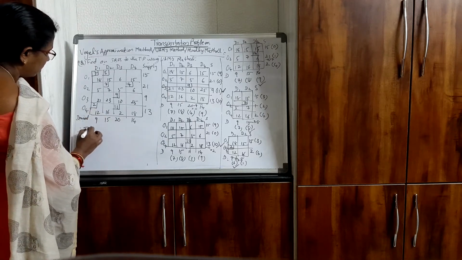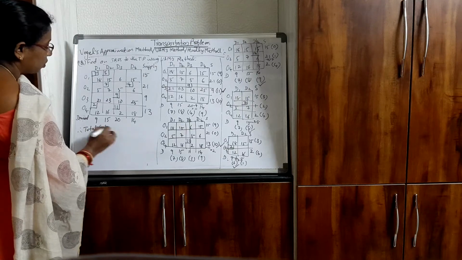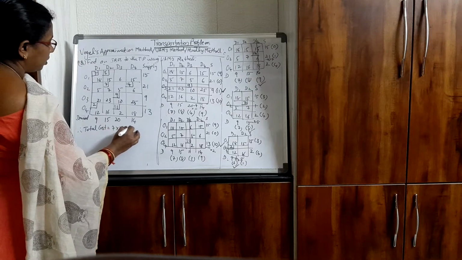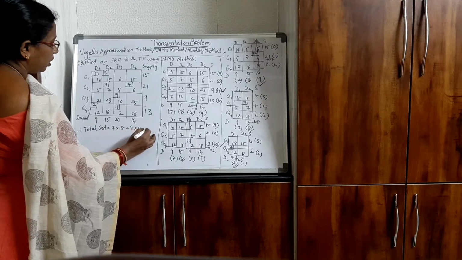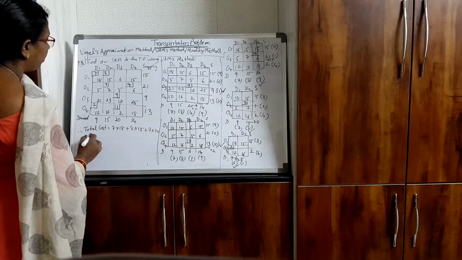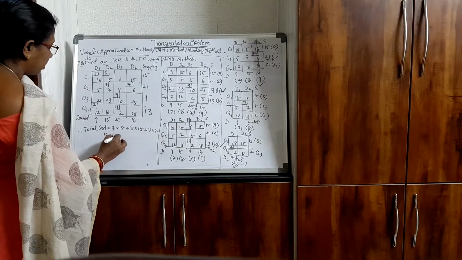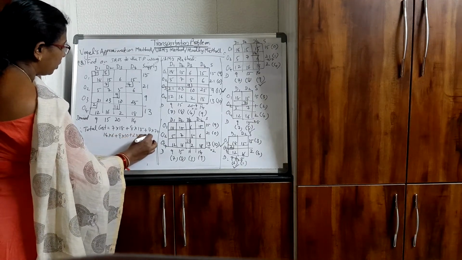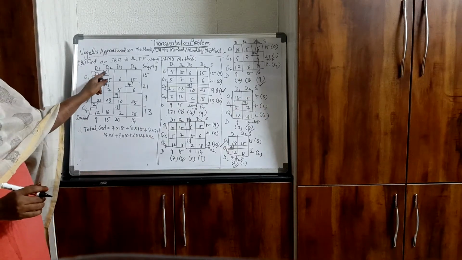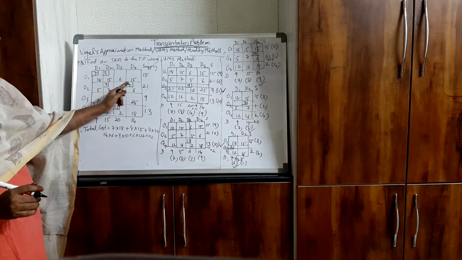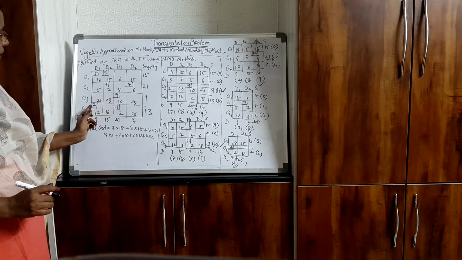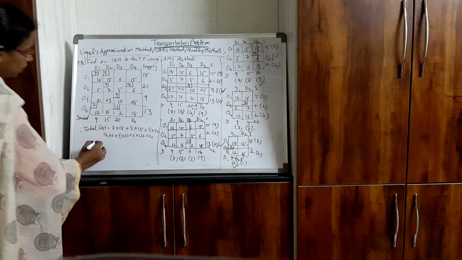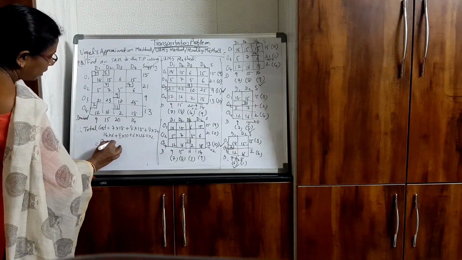So total cost is equal to 7 into 18 plus 8 into 15 plus 7 into 7 plus 14 into 6 plus 9 into 10 plus 2 into 12 plus 11 into 2. When you multiply all this, you will get total cost as 550.